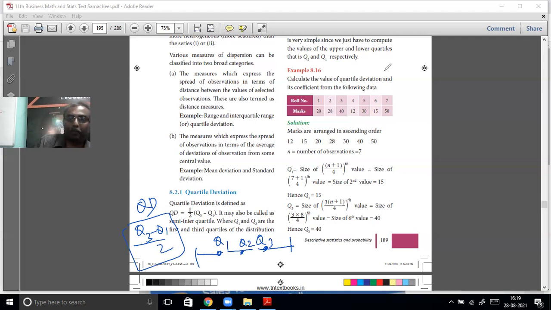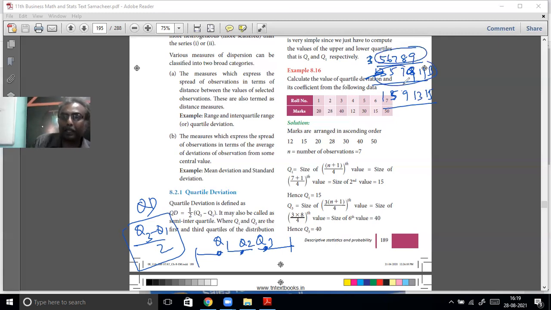For example, 5, 6, 7, 8, 9, this data with 1, 3, 5, 7, 9, 11, 13, or 5, 7, 9, 11, 13, or 1, 3, 5, 9, 13, 15. So 3 sets of data, data 1, data 2, data 3, we want to compare.